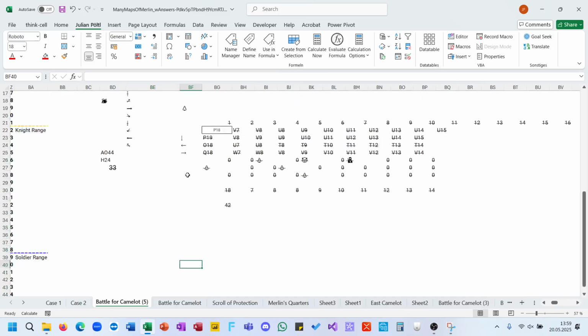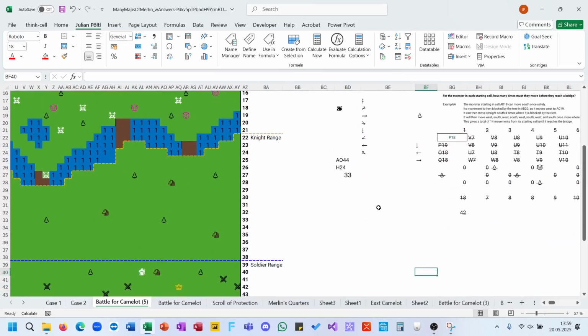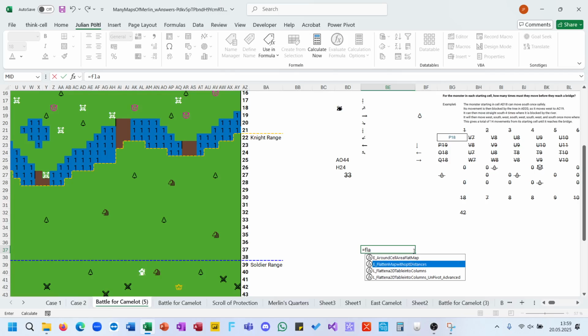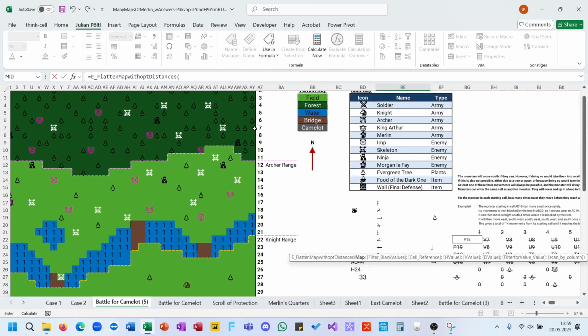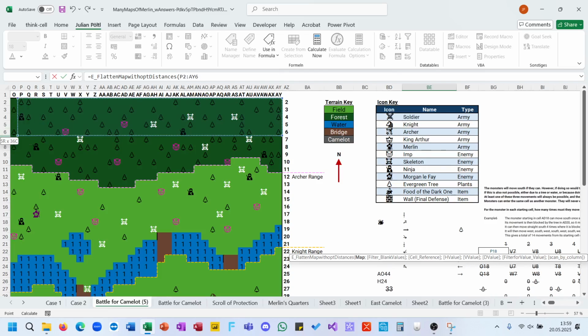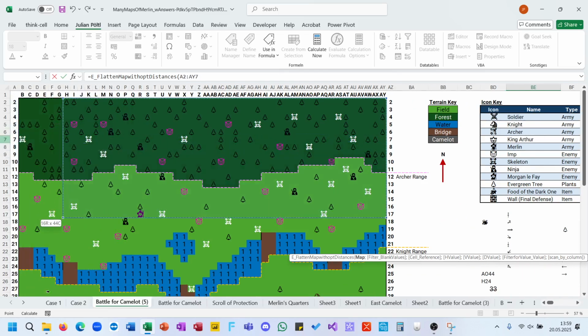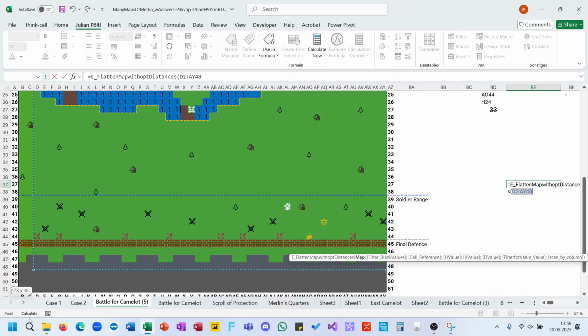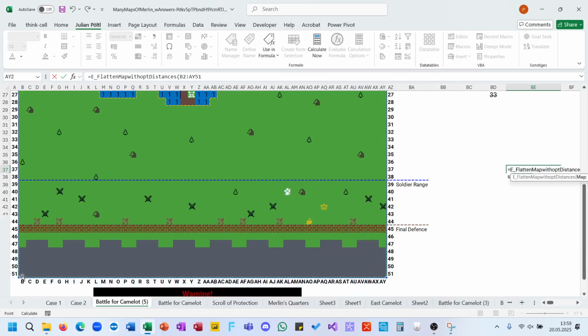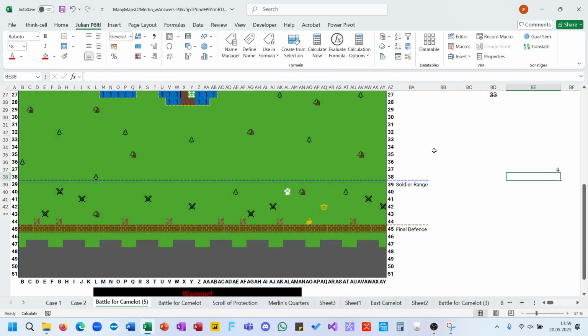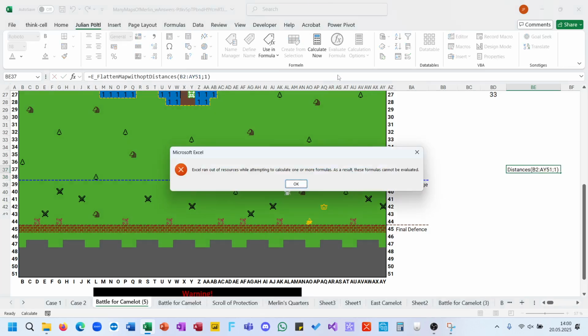And we need this for all starting cells where there is something. Flatten map. Get rid of blanks. Calculate this. Yes, I know that you will have problems.